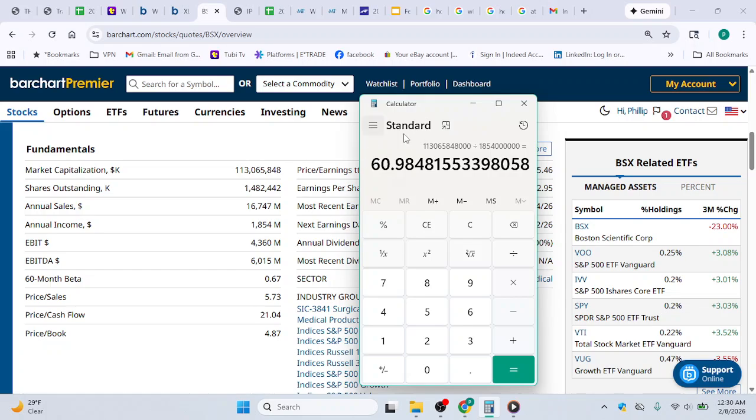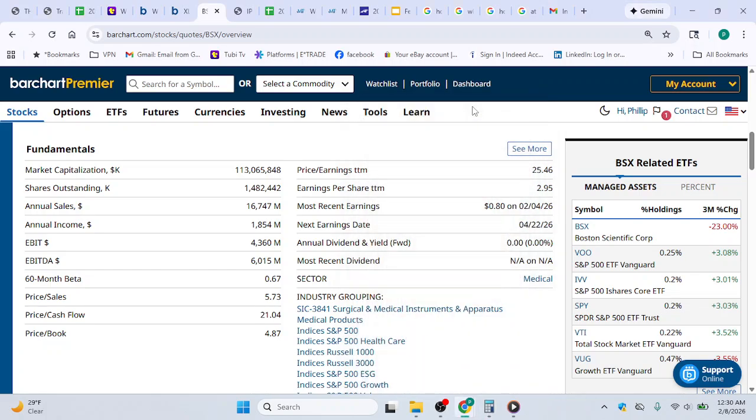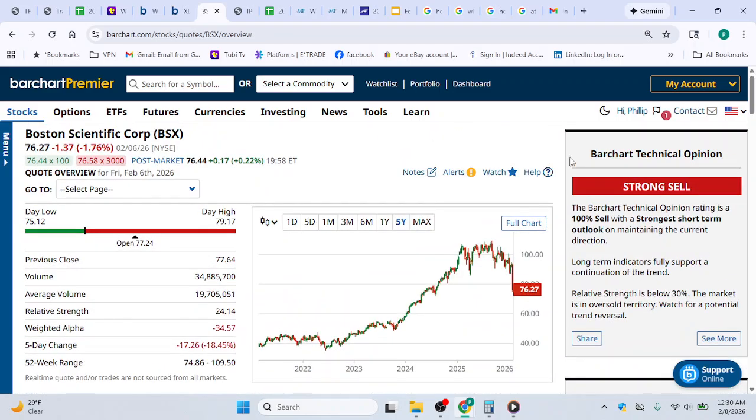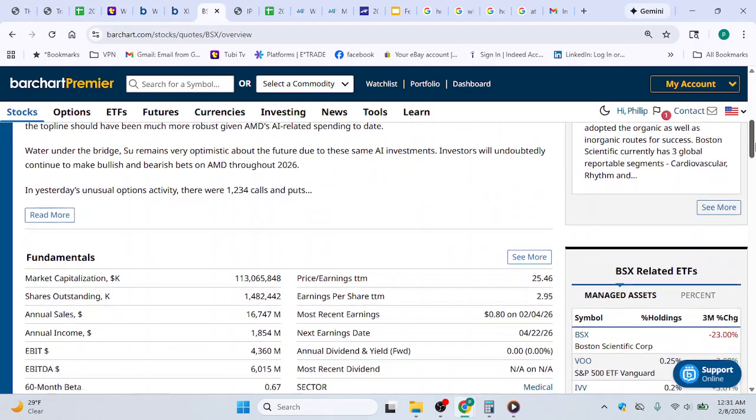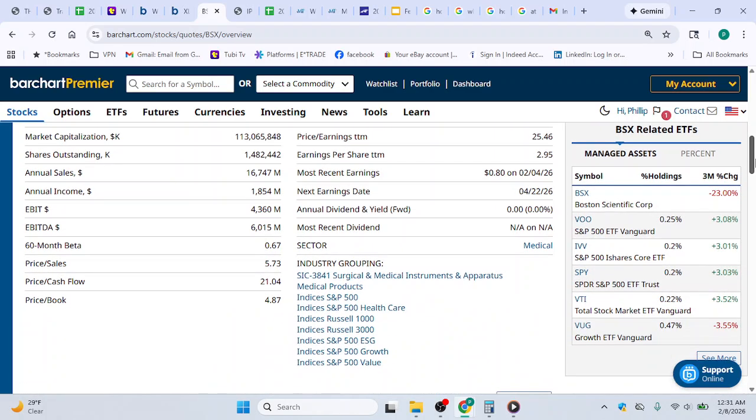So to me, this company has a fairly high valuation, and I think that makes sense now why we see the company selling off in such a hard way, because it's essentially kind of overvalued. And I think that's a very helpful exercise for you guys to do: market cap divided by annual income or earnings for valuation.